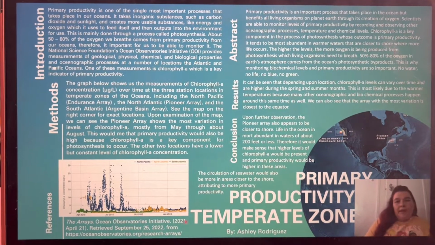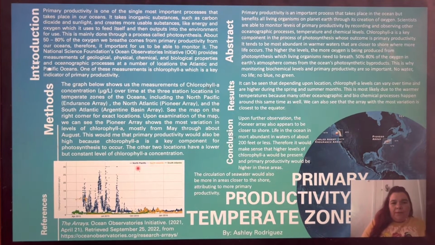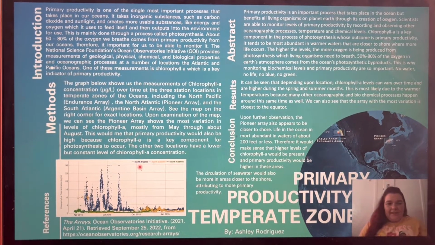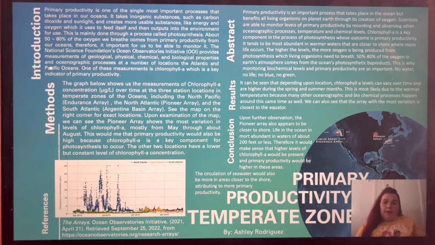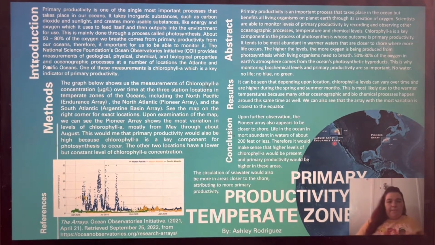Over here, I actually included one of the graphs that was taken from one of the arrays, and we're going to be talking about the chlorophyll A levels in the 3 different temperate monitoring areas, right?